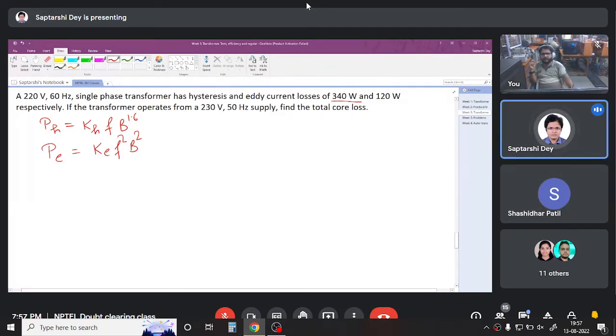But we can do it this way. We can compare. See, for one case, all the data is given. For the other case, only one thing we have to find out. So can I not write it like this?